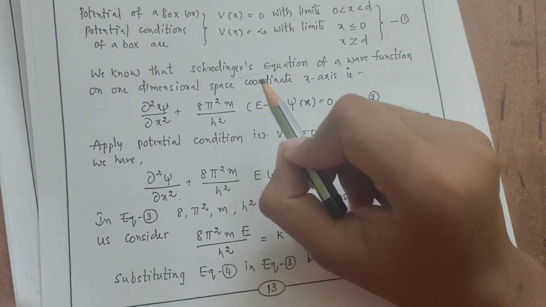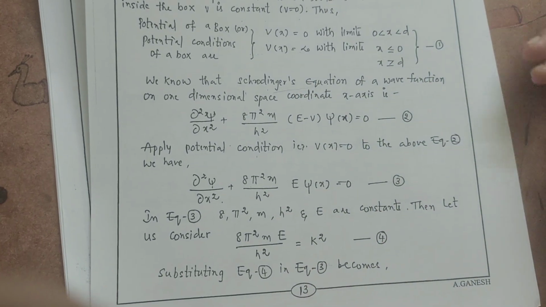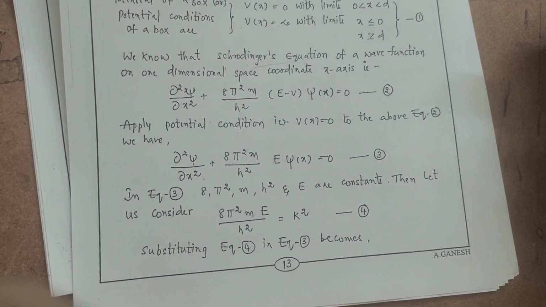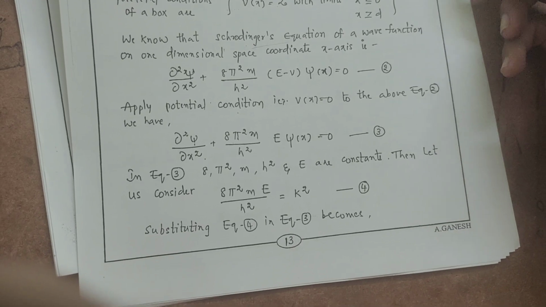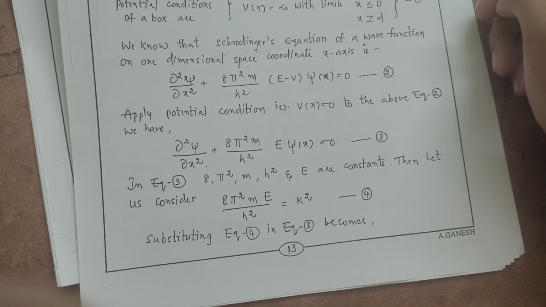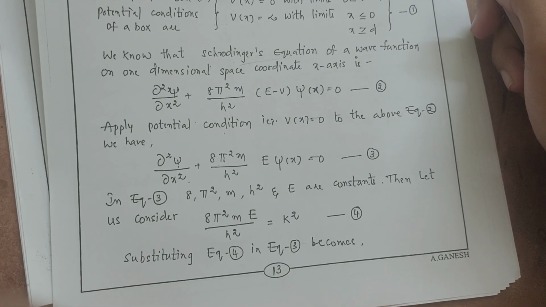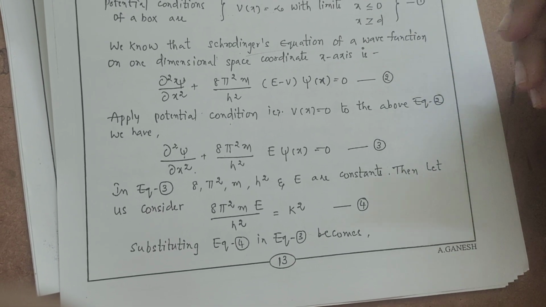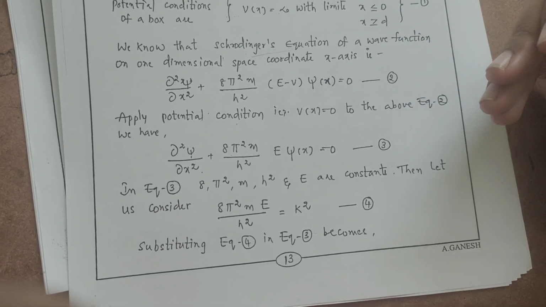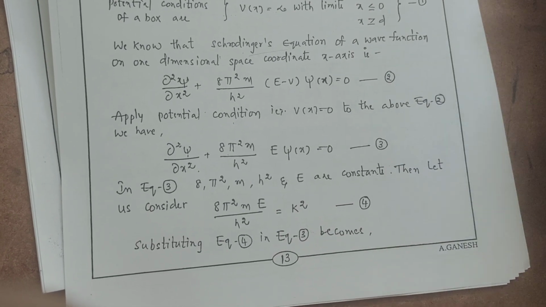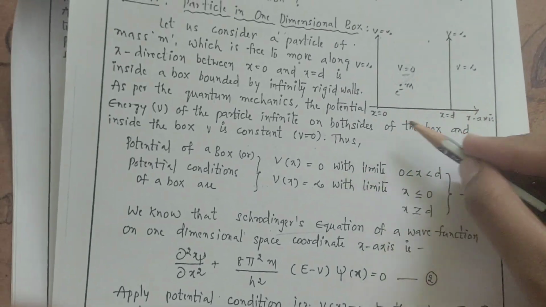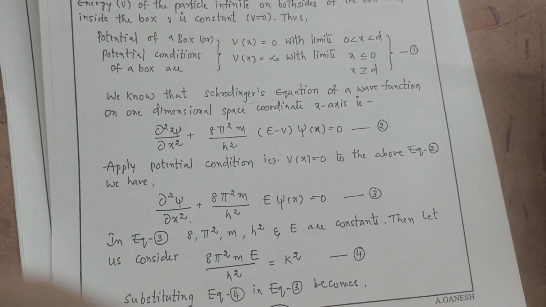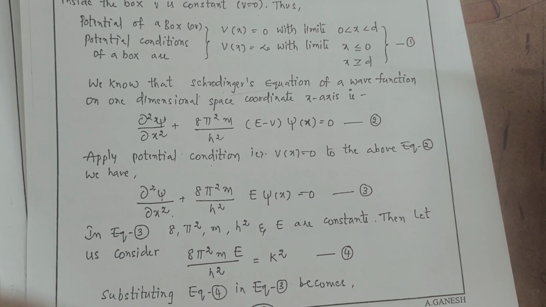If you have any doubt, you can go to my YouTube channel, search and clarify your doubt. In the next step we apply the potential condition for this particle, that is V is equals to 0, to equation number 2.